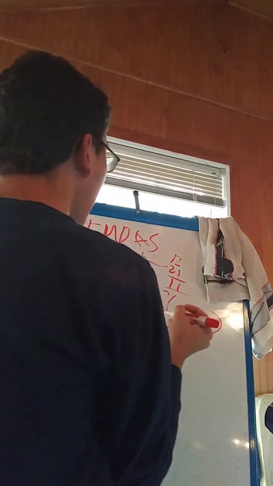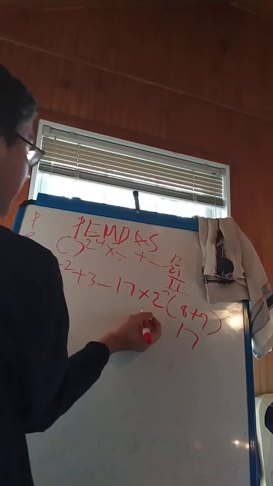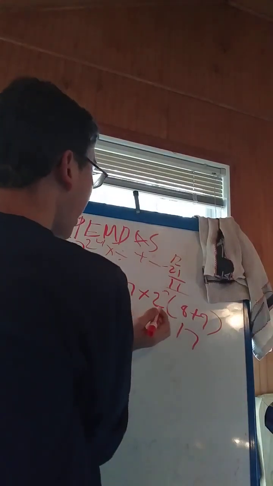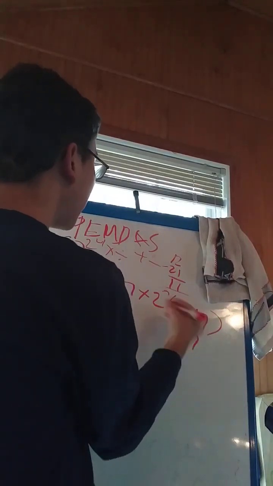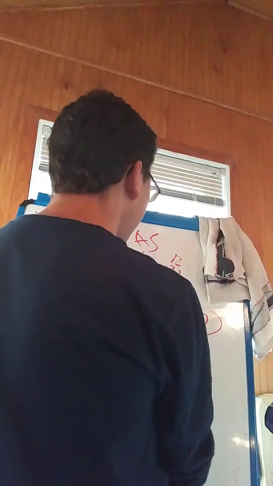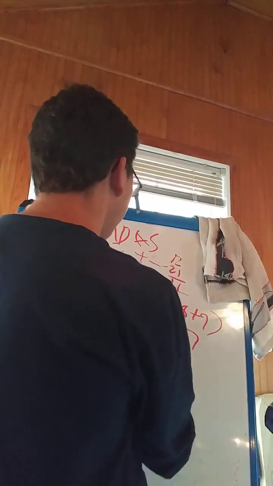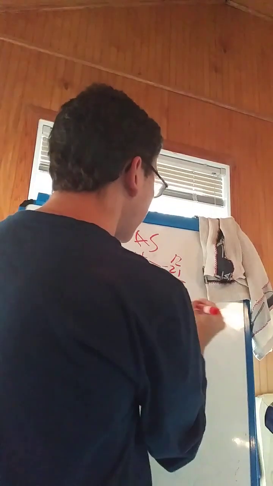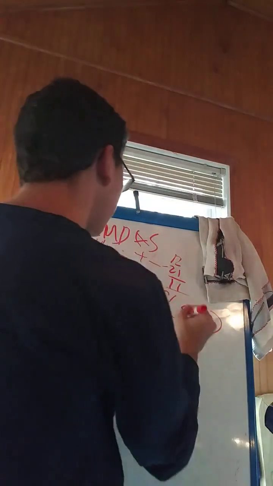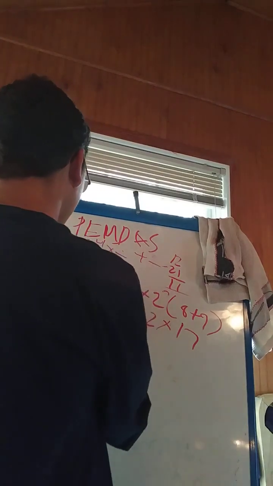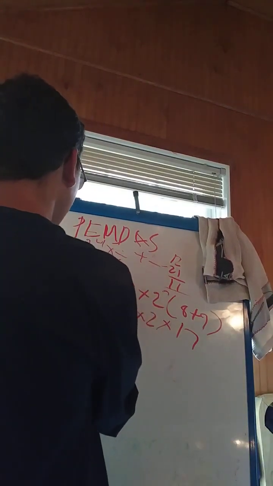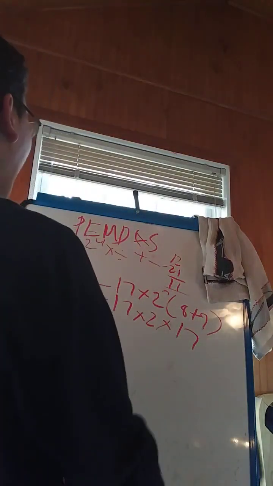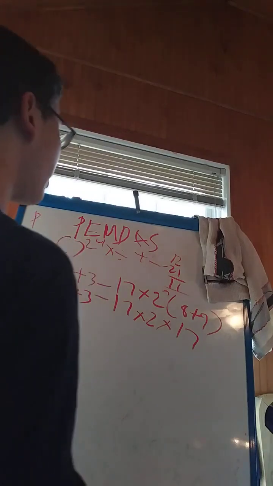And then if there is a number right next to the parentheses, that would mean that we would multiply. Okay, so now we have got the parentheses cleared out of the way.